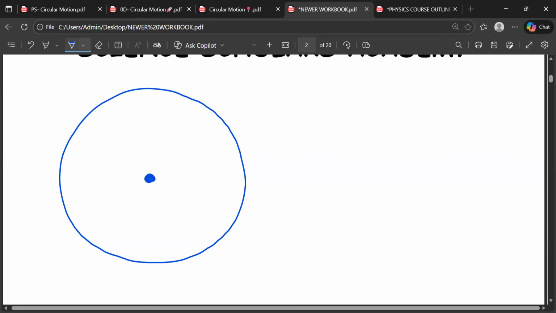Okay, so our center is O. Of course, remember we had our point A. Then we said that this body will be moving. Of course, if you recall, we said that our center is always the fixed point. And it's moving up to this point, which was our point B, if you recall.